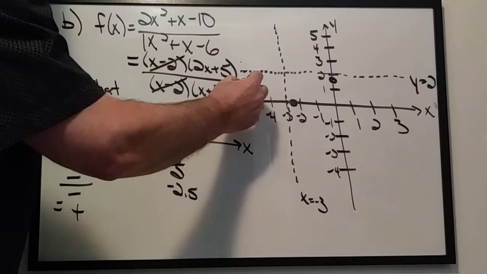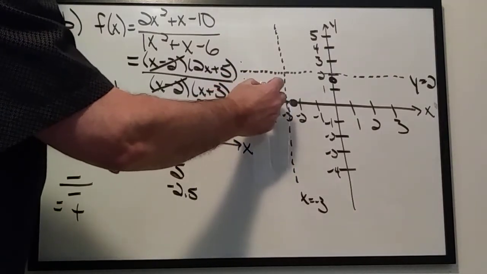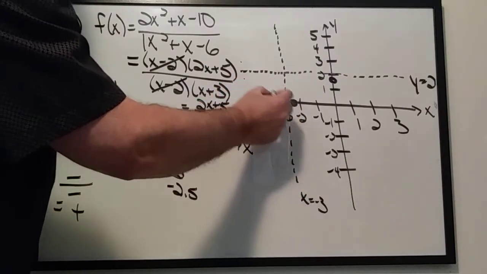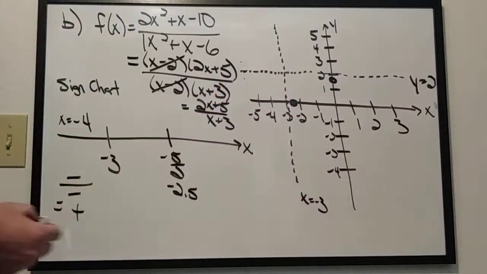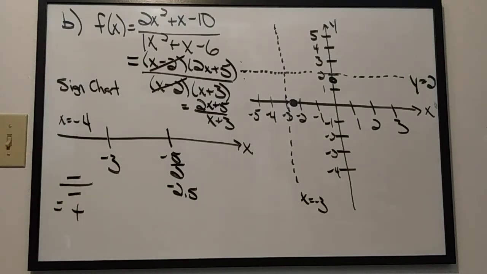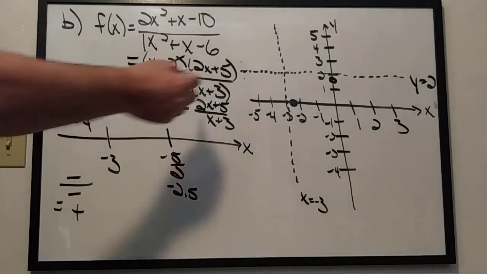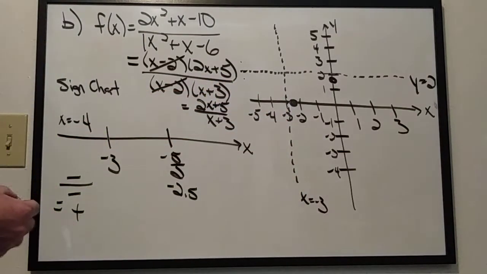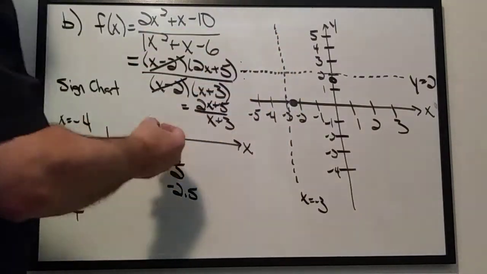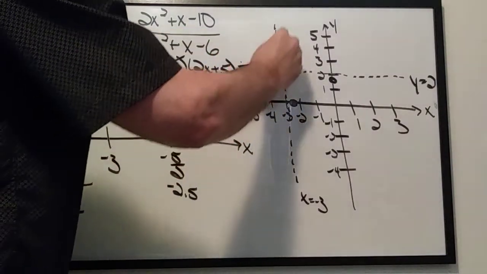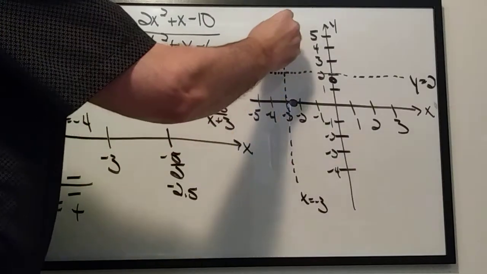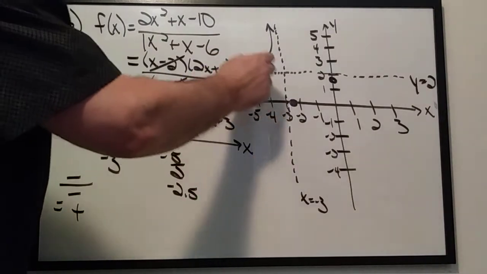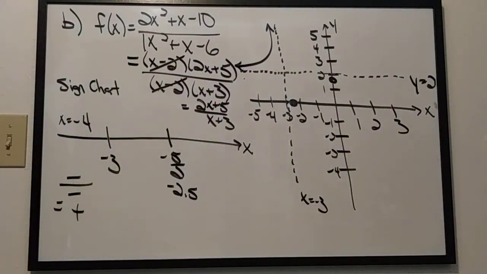If we started below our horizontal asymptote, the only place that we could go is down like this. And if we go down, we would have another x-intercept. We don't have an x-intercept to the left of negative 3. So that means we're not looking at a graph that swoops down forever near x equals negative 3. We've got to swoop up forever. So let's draw something here that goes up forever near that x equals negative 3 vertical asymptote and approaches the horizontal asymptote on the left-hand side.